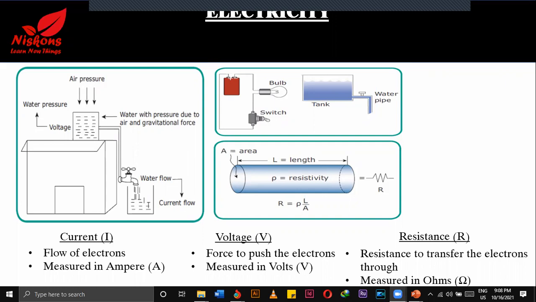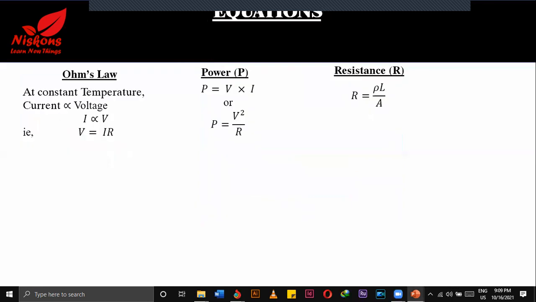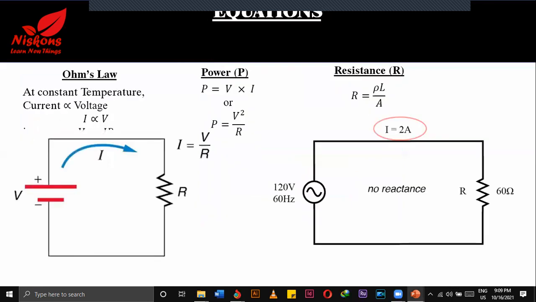Whether it is a smaller or larger person, that is resistance, restricting the flow. Likewise in electricity, if something restricts the flow of current, it is called a resistor. It is measured in ohms.